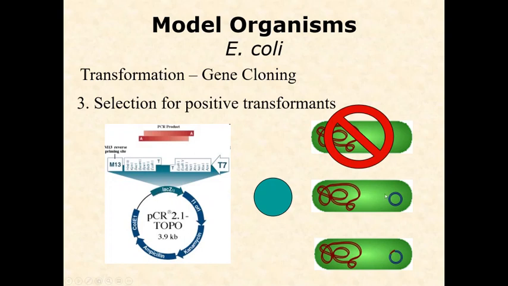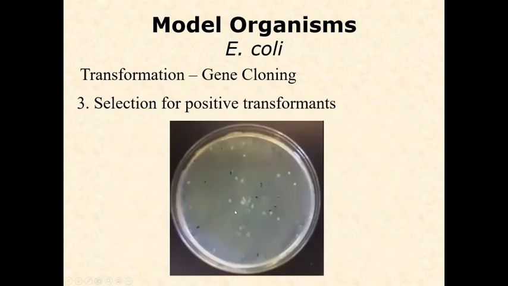And so bacteria that get a plasmid without a gene insert, they digest the sugar, there's a chemical change, and those bacteria turn blue. The ones that have a gene inserted into the middle of this sugar-digesting gene, they remain white, which is the wild type. And so we end up with something that looks like this, a plate with blue and white colonies on it. The white colonies are the ones that are candidates and most likely have our gene insert.